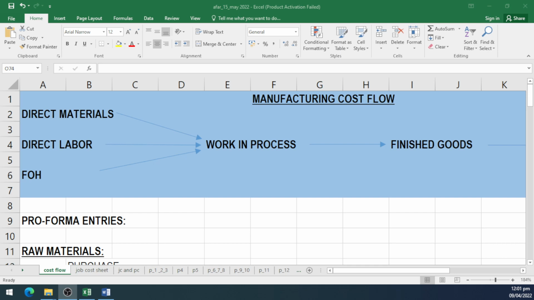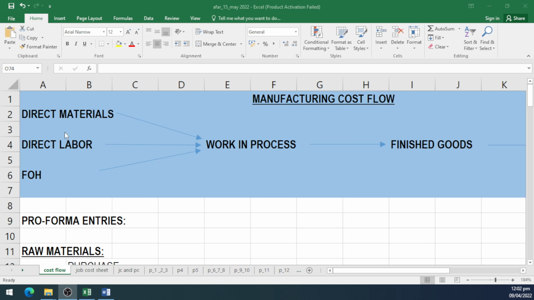Okay, so alam nyo lahat ito na mayroong elements of manufacturing cost, yung direct materials, yung direct labor, at yung factory overhead. These three elements, when incurred, will be charged or will be accumulated in the work in process account.